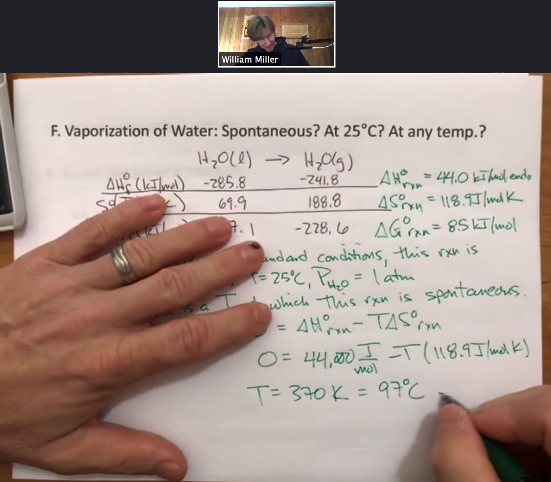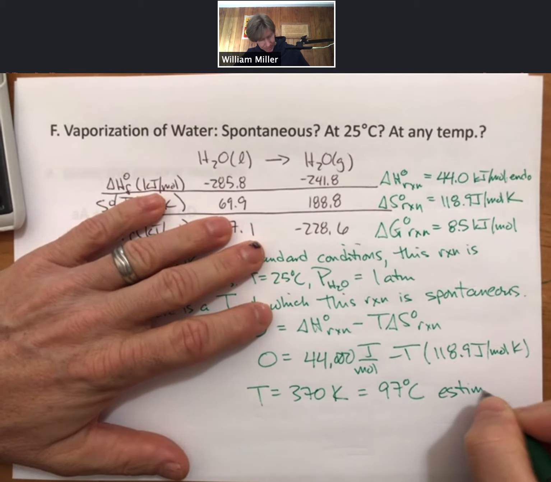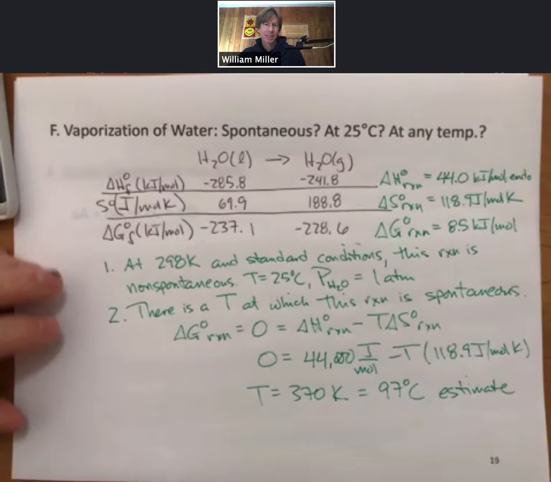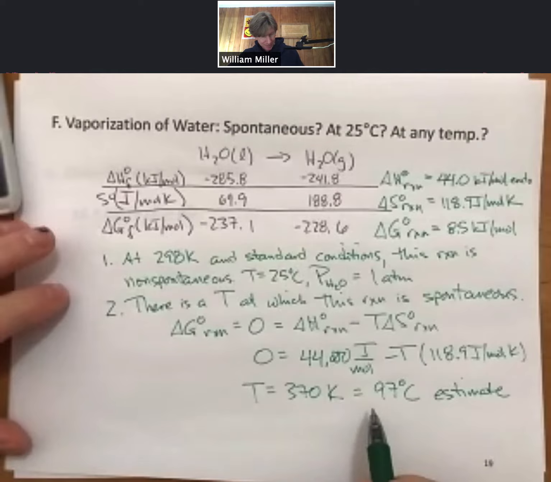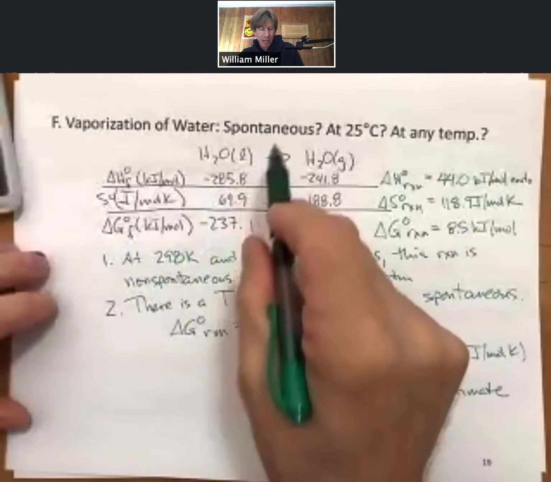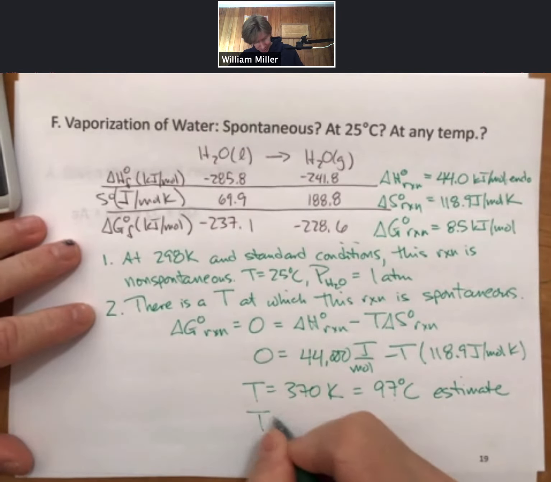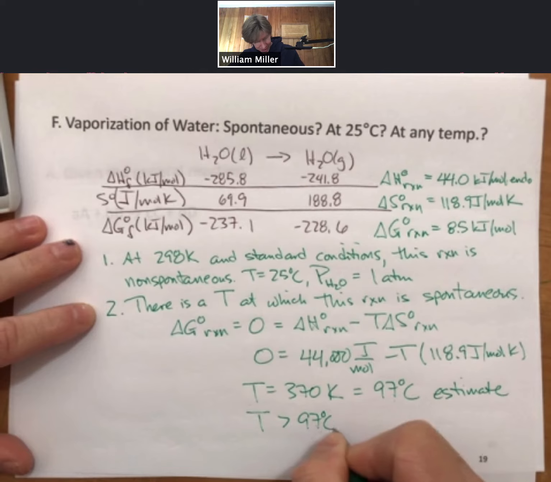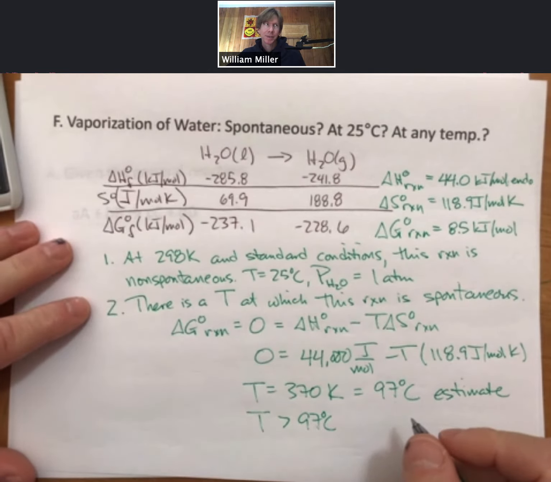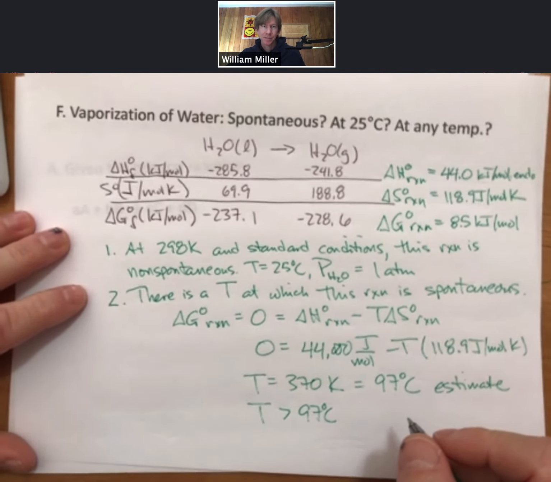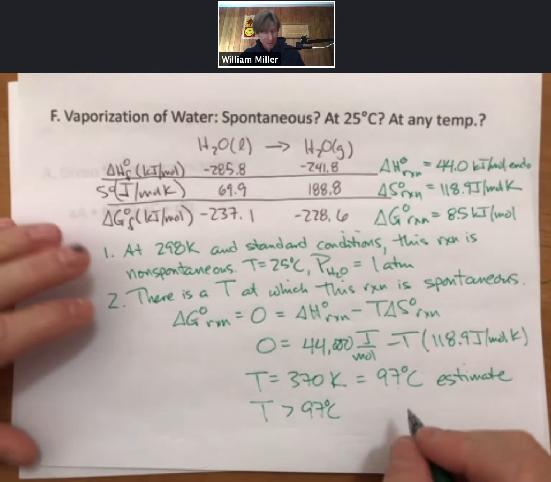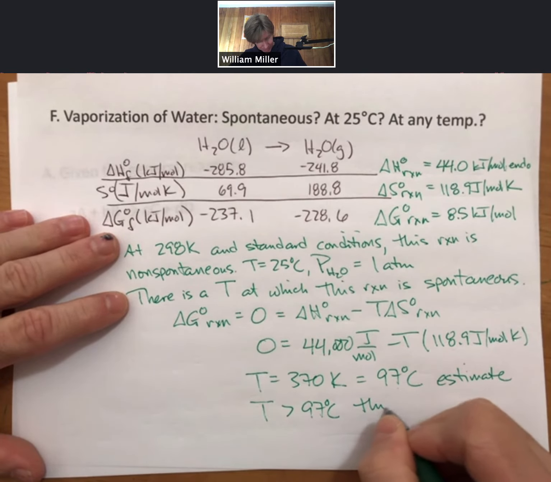Again, this is an estimate, remember. But what this is saying is that at 97 degrees Celsius, this reaction, and above, T greater than 97 degrees Celsius, this reaction is estimated to be spontaneous.